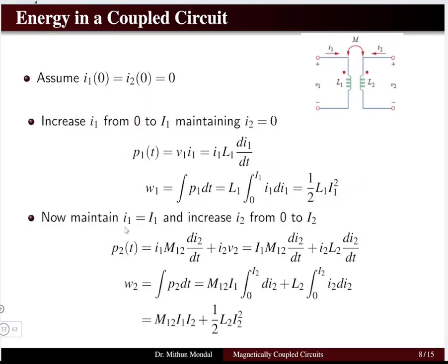Now we maintain the first coil at a current I1, whereas the current I2 is increased from 0 to I2. We now find the power in the second coil; first we found the power in the first coil.